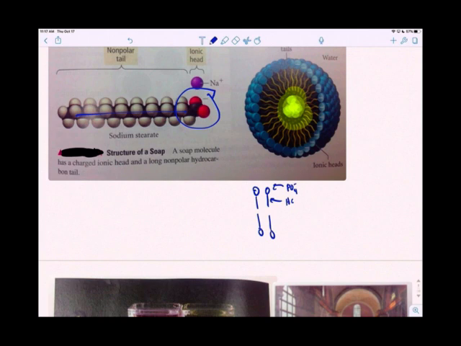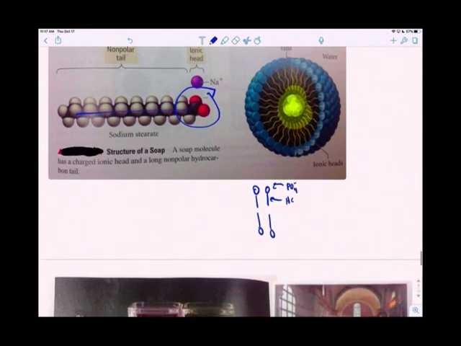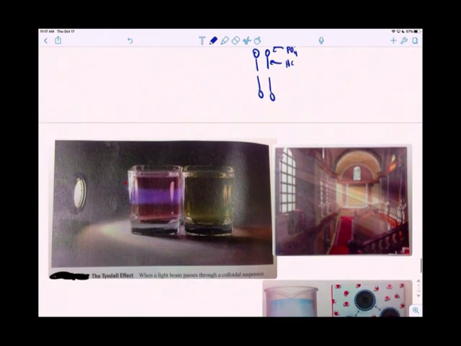So your cell membrane is actually two molecules thick, and it has a negative charge on the surface. All biological surfaces are negatively charged because of that simple structure, just two molecules thick.